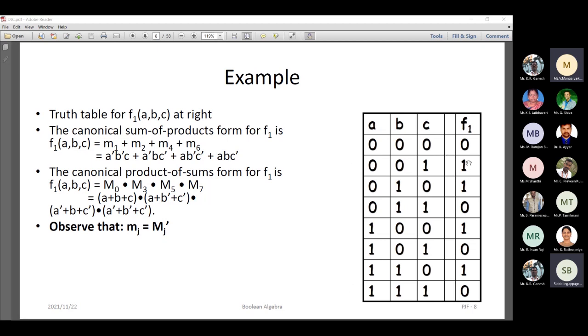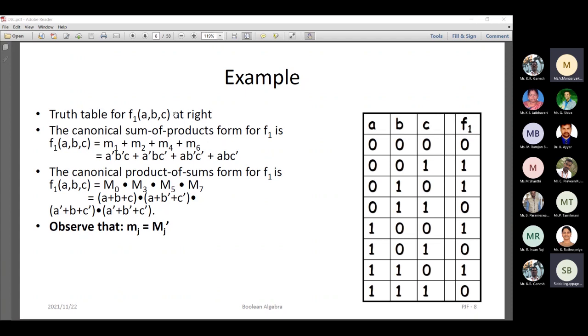If you consider these ones, it is the canonical sum of product. This is a min term. We can see m1, m2, m4, m6. We represent them in small letters. Usually the min terms are in terms of product. You can see we have just seen m1 is represented in terms of product, m2 is represented in terms of product, and it is of the form sum of product.